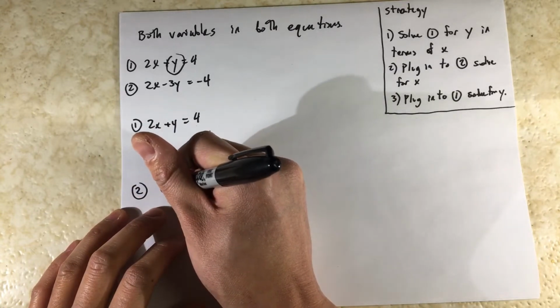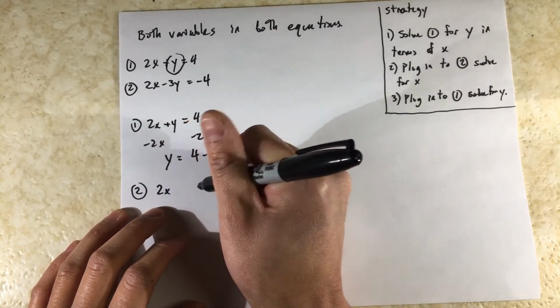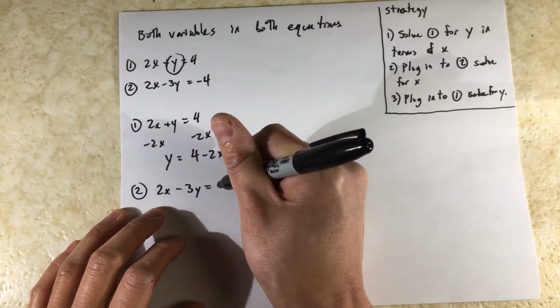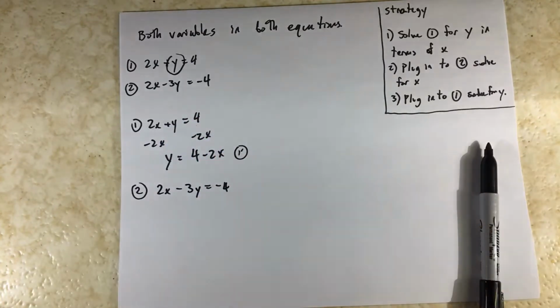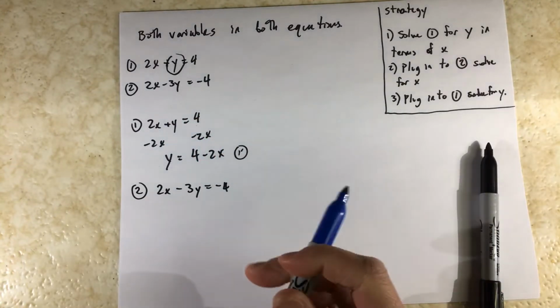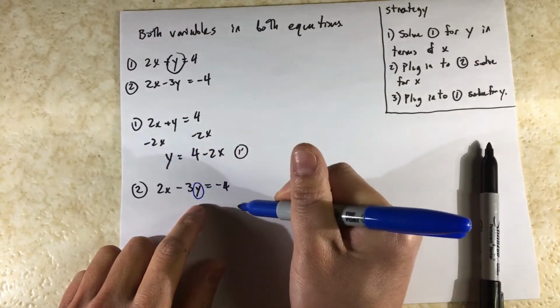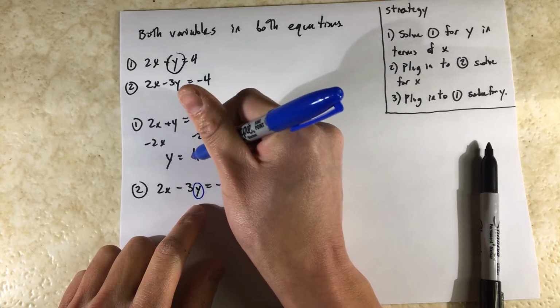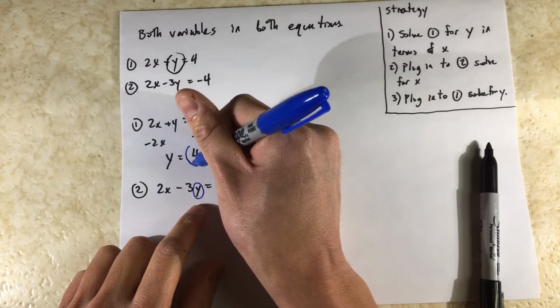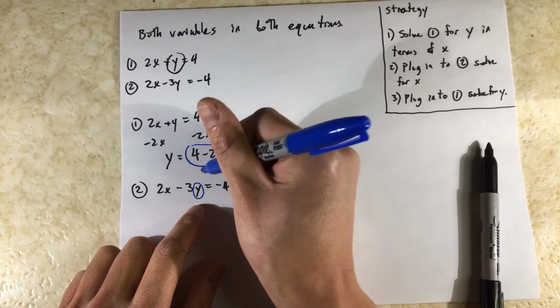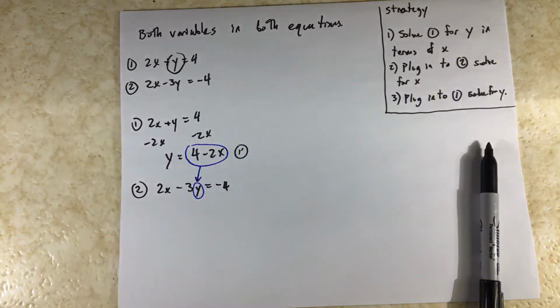So what I'm going to do is plug it into equation 2. For equation 2, I have 2x minus 3y equals negative 4. Just like we did before, instead of writing y, we're going to plug in this expression right here. We know y is equal to 4 minus 2x, so we're going to replace y with 4 minus 2x.